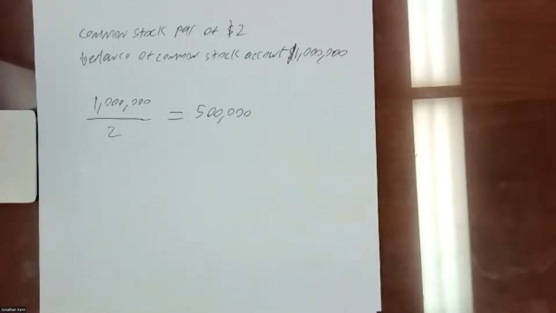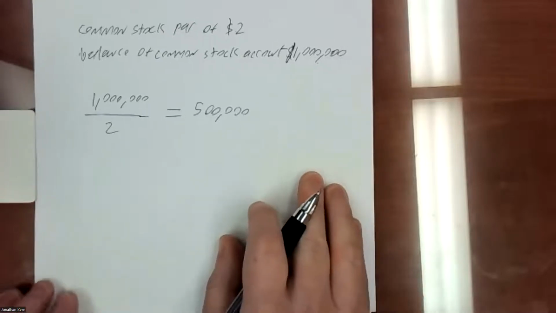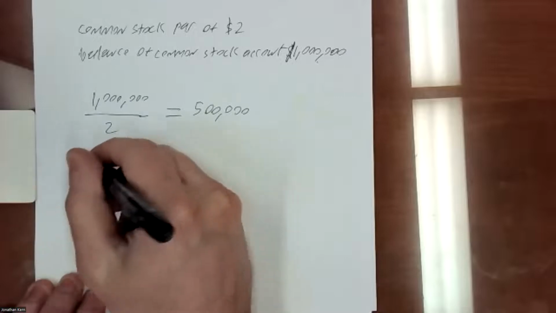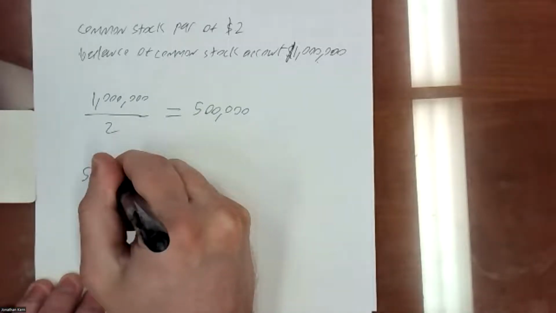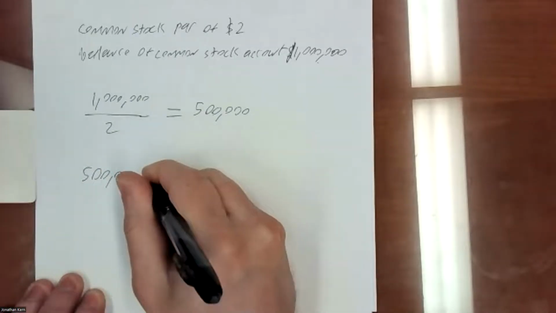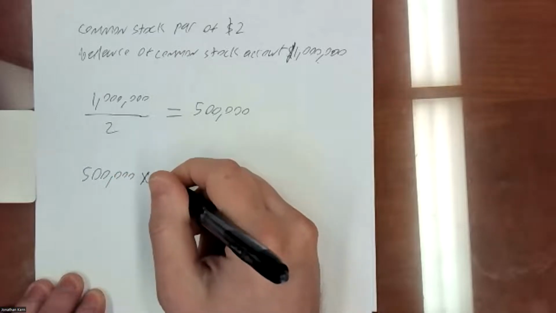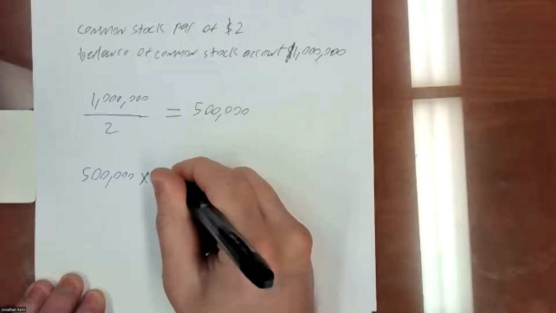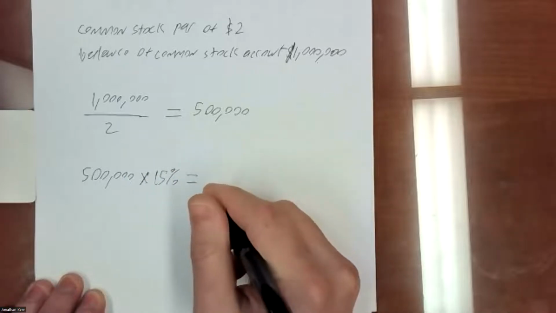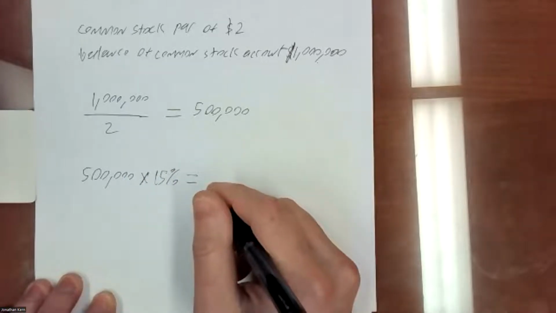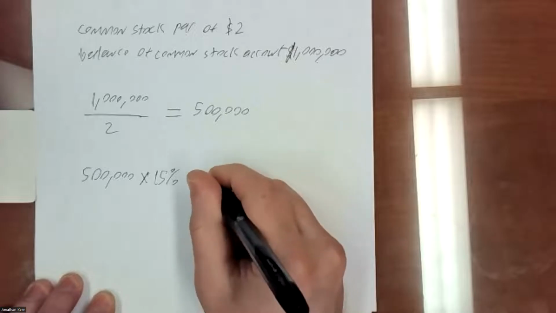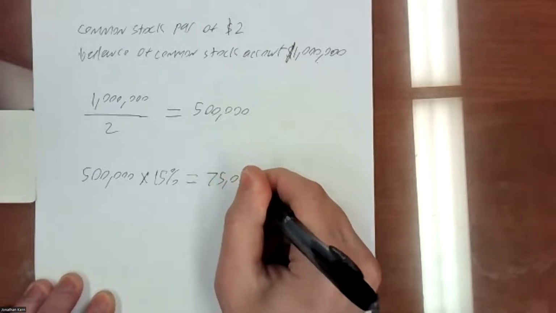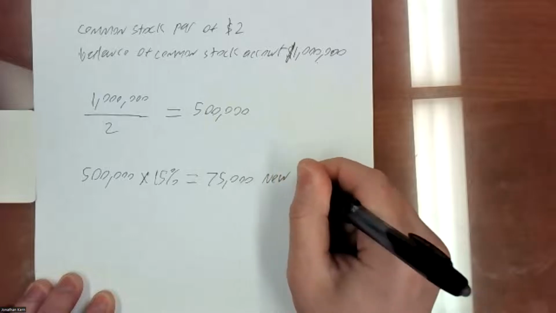So the next step will be multiplying 500,000 shares times the dividend. The dividend is a 15% stock dividend. So that means the company is issuing 75,000 new shares.